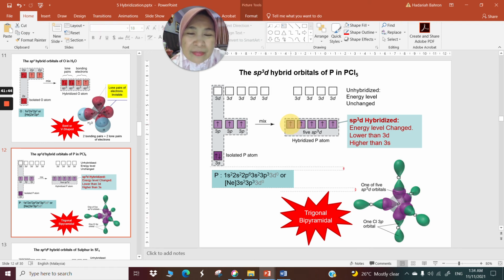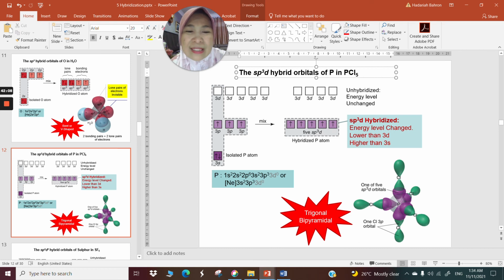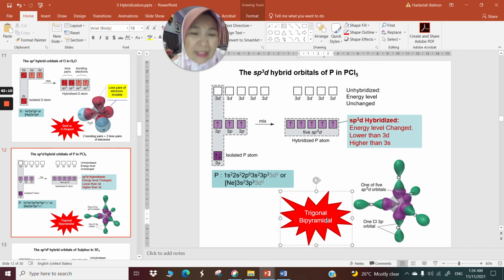And these 5 sp3d hybrid orbitals are going to be singly occupied by these 5 electrons, and the 5 electrons of phosphorus are going to each one pair up with the electron from chlorine, chlorine, chlorine, chlorine, and chlorine to make 5 PCl bonds, and the shape of PCl5 is trigonal bipyramidal, and the hybridization associated with trigonal bipyramidal is sp3d.